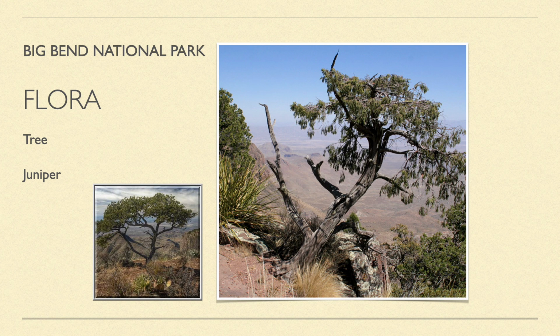The last flora in Big Bend National Park that we're going to study today is called a juniper tree. Now, a juniper tree is common in Mexico, but only found in the United States in the mountain range that's in Big Bend National Park. So this juniper tree usually has a checkered or scaly bark that resembles an alligator's skin.